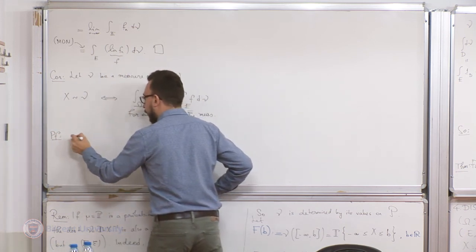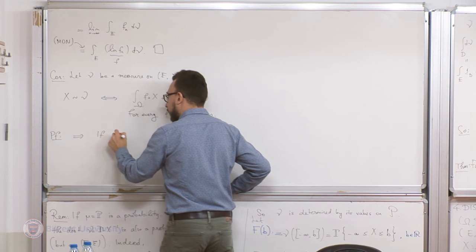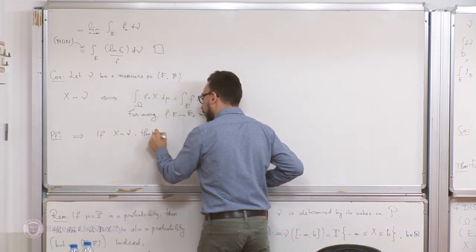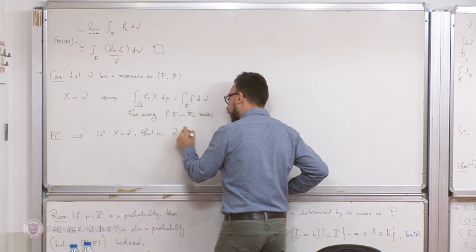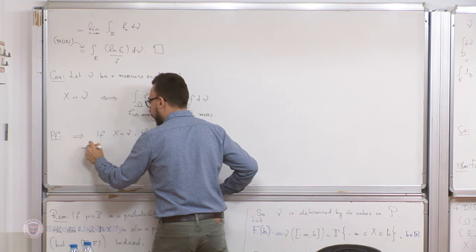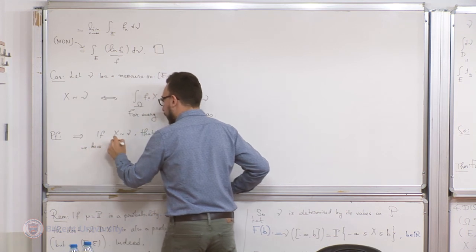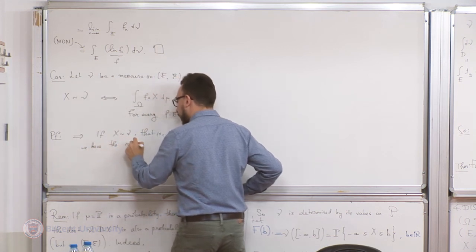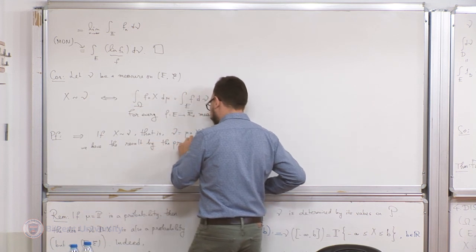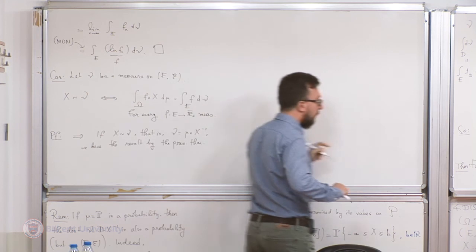Well, first of all, if X has distribution nu, that is, nu is just mu of X inverse, we have the result by the previous theorem. This is what the previous theorem says.